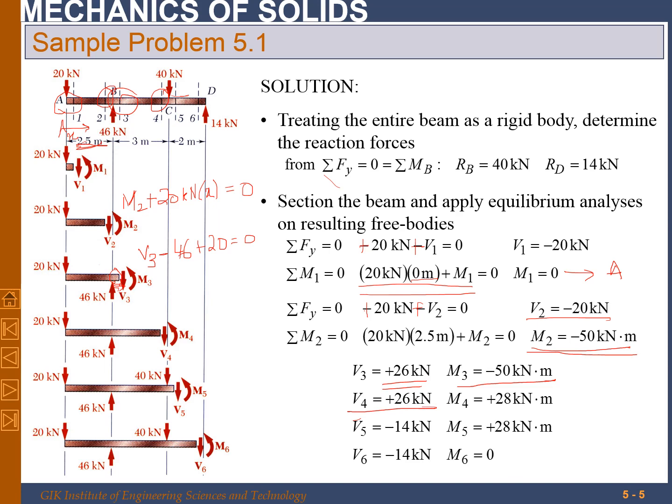If you look at V3 and V4, the shear force is constant. Similarly, if you look at V1 and V2, the shear force is constant, that is minus 20 kilonewton, minus 20 kilonewton. But between B and C, the shear force will be constant, that will be 26 kilonewton.